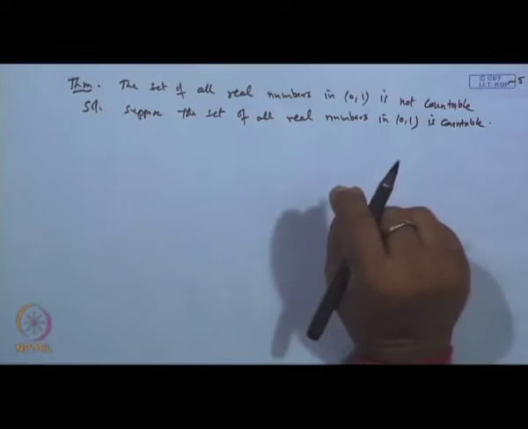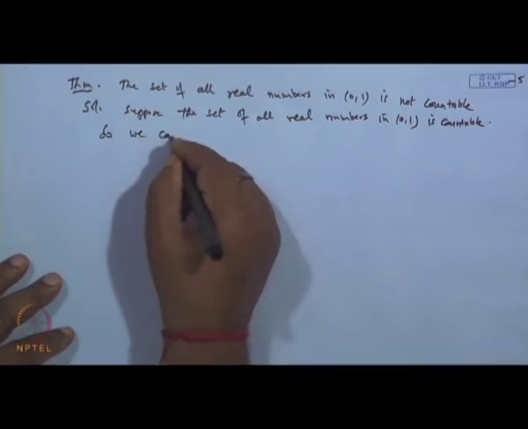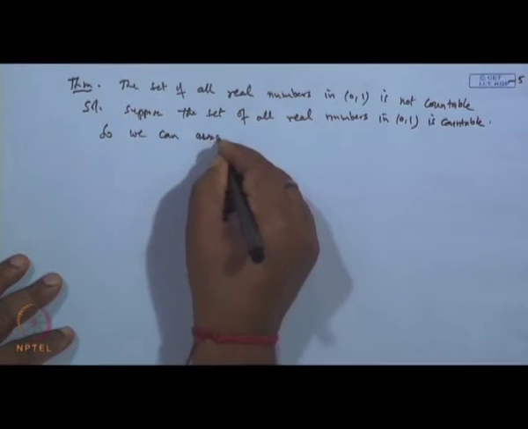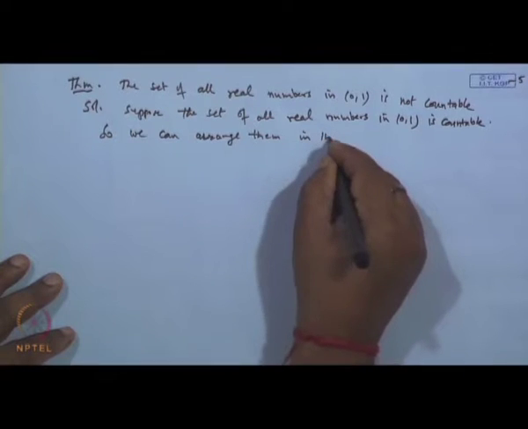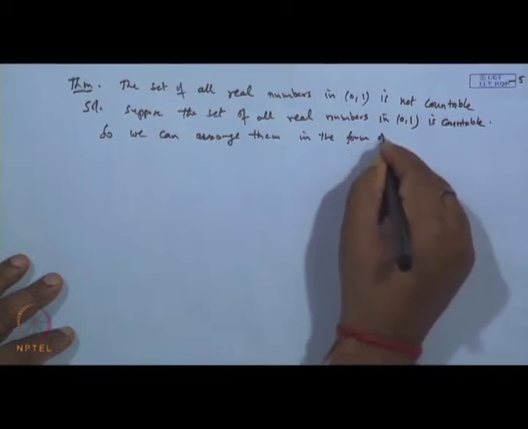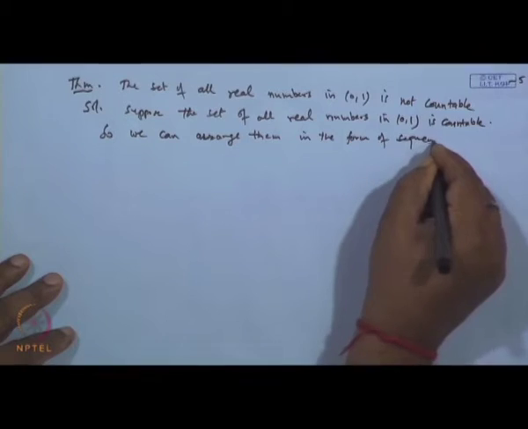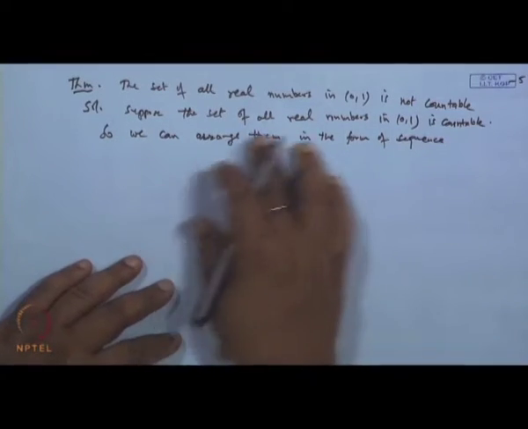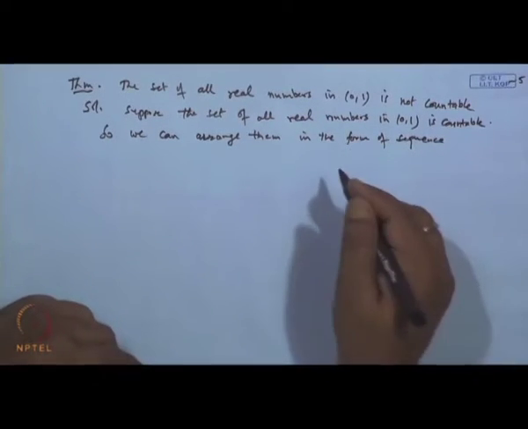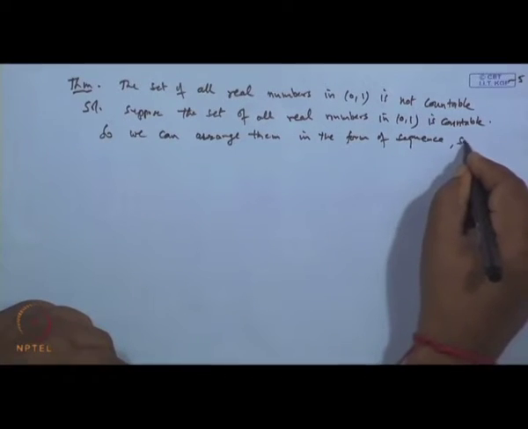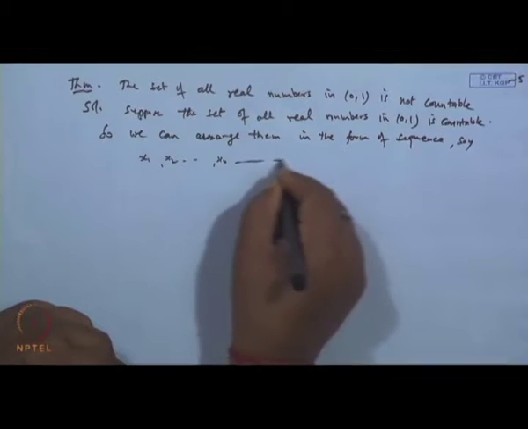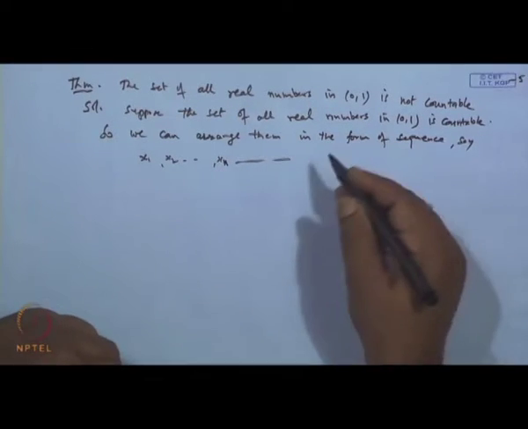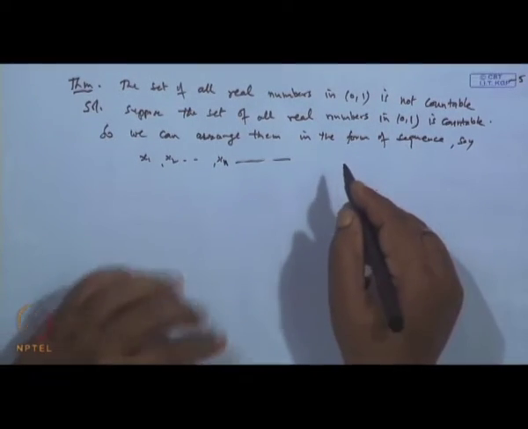Once it is countable, we can arrange the elements of this set in the form of a sequence, say x1, x2, ..., xn and so on, because they are infinite numbers. So, we get an infinite sequence.